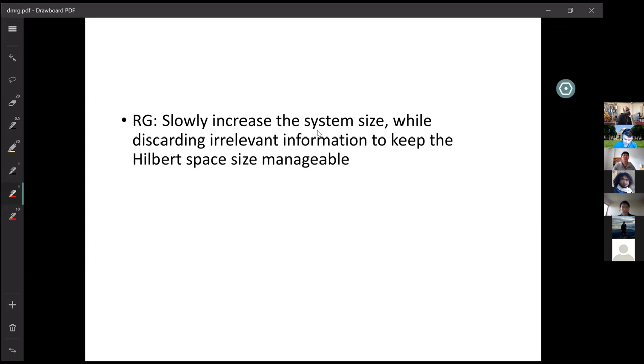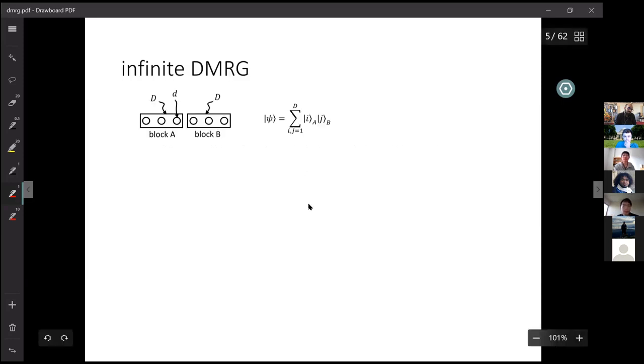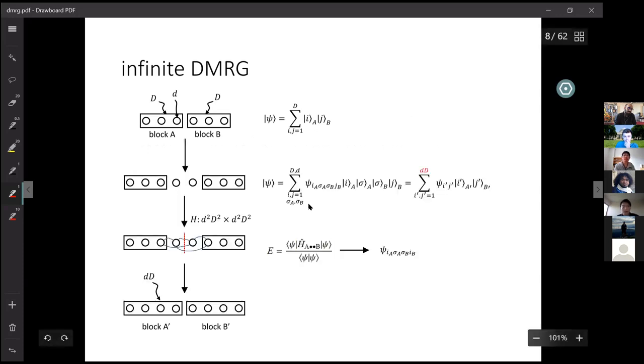In this process, we include more and more degrees of freedom, and the problem becomes complicated to solve. So along the way, we discard the irrelevant information to always keep the Hilbert space we care about manageable.